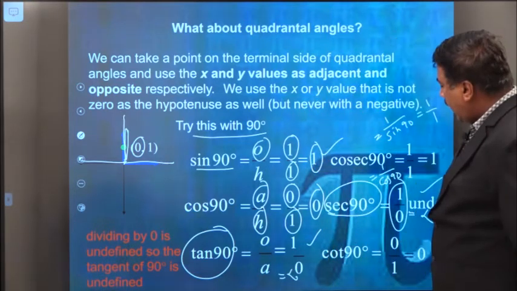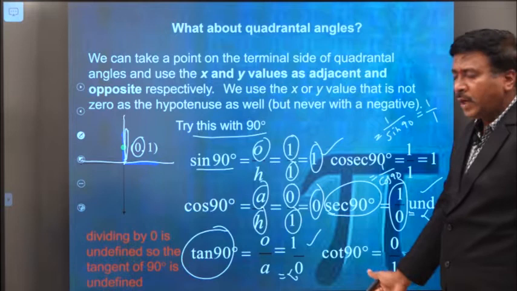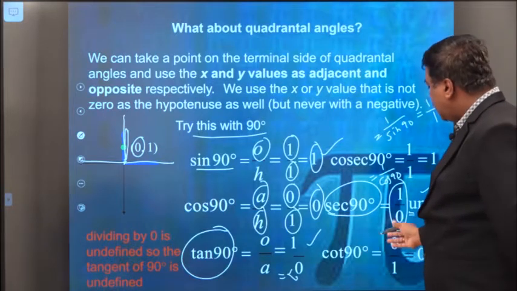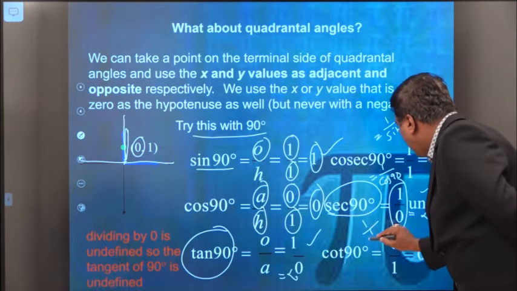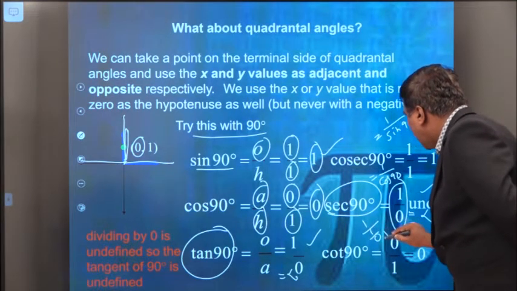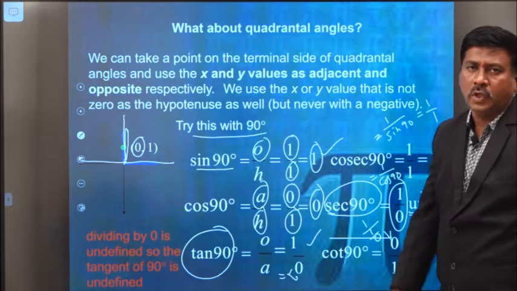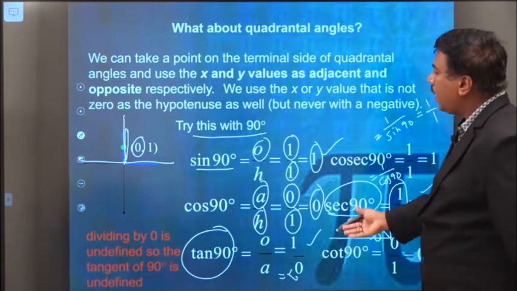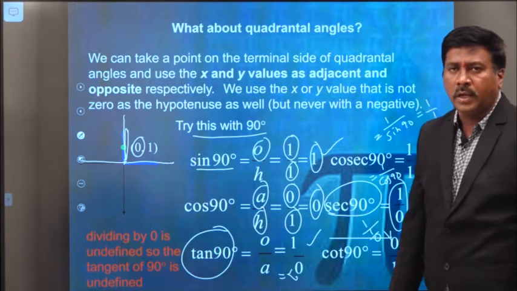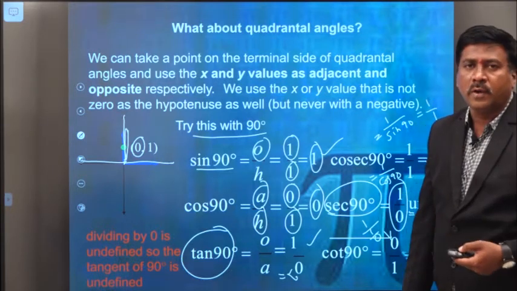The reciprocal of tan 90 is cot 90, which is 1 by tan 90, that is 1 by 1 by 0, so automatically we get 0 by 1, and 0 by 1 is nothing but 0. Likewise, you have to evaluate sin 90, cos 90, tan 90 and the reciprocals of those trigonometric ratios also.